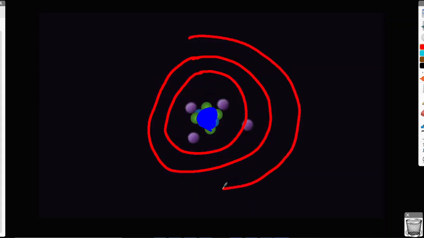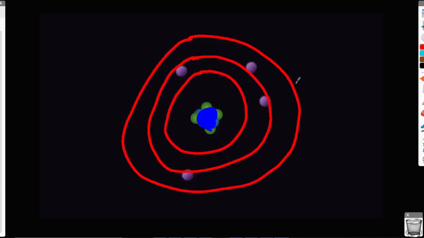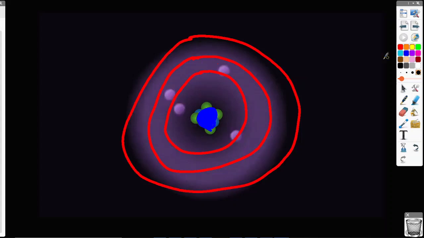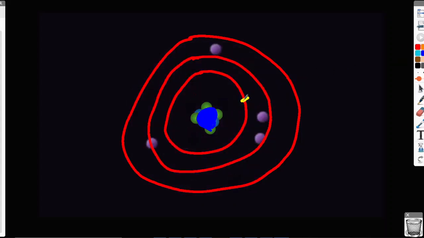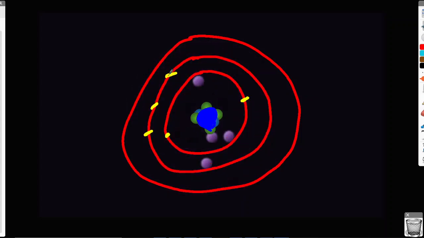Okay, so according to the planetary model, we've got some nucleus in the center, and these little orbits of electrons around it. And in this very first orbit, we'll have 2 electrons that move in neat little circles. In the second orbit, we have 8 electrons that are moving in nice little circles.